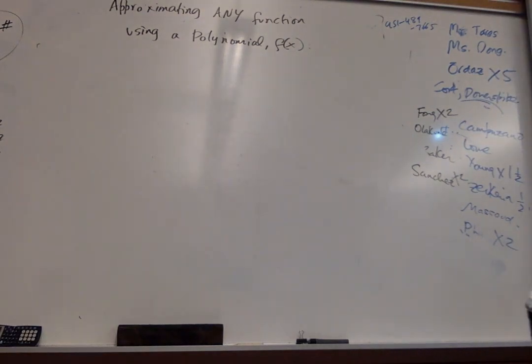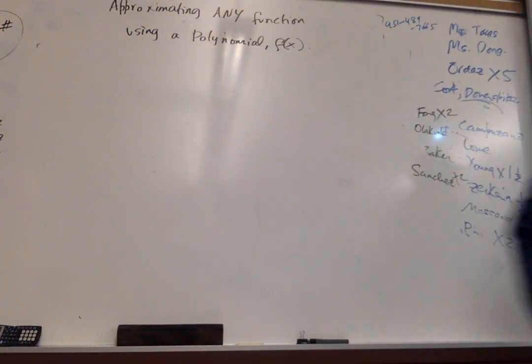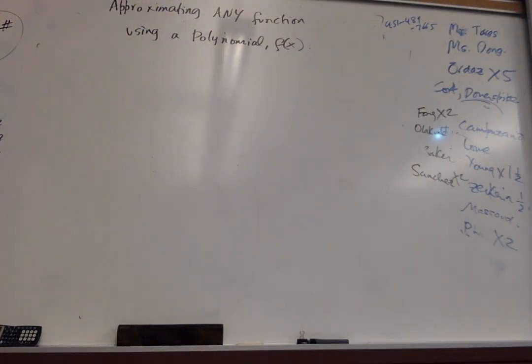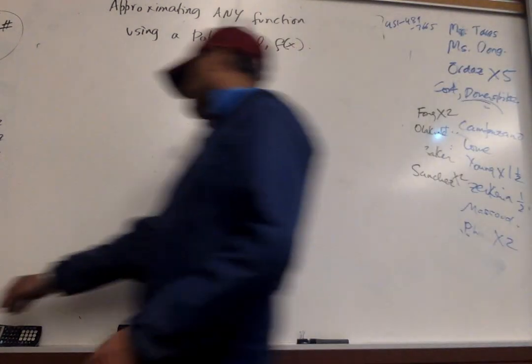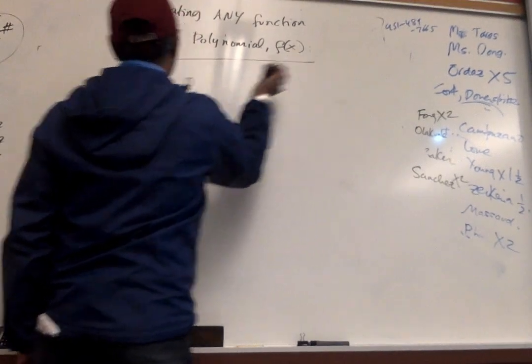Okay? So now this is the key idea. Now the general idea is this. The general polynomial function is just this. Please write down.